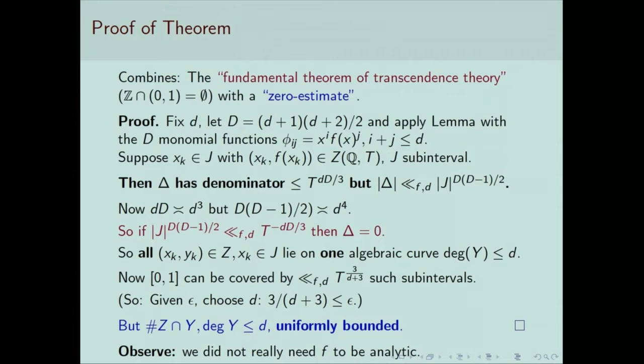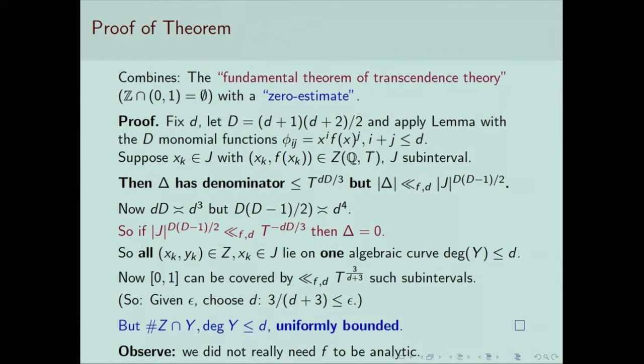Now you divide into the subintervals. In each subinterval, all the points lie on one algebraic curve of degree d. And now comes the zero estimate: for our analytic curve, the intersection of the analytic curve with a curve of degree d is just some bounded number. And so you multiply those things together and you get your t to the epsilon.